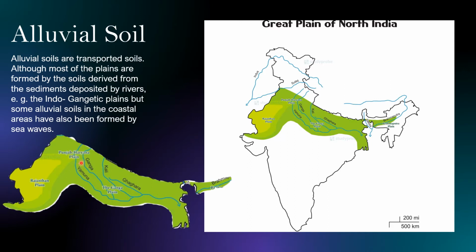All these rivers, which are the tributaries of the Ganga, they bring silt and deposit them in the Indo-Gangetic plain. In the Punjab plains, Indus and its tributaries does the same. So all this area has got alluvial soil.